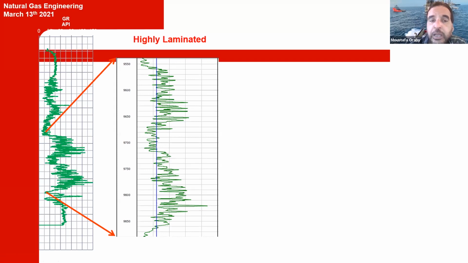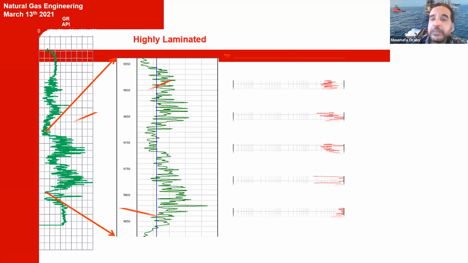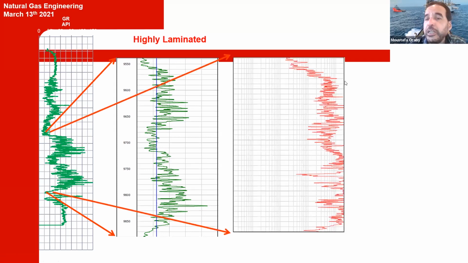If I take the same zone and look at the resistivity, clear lamina. Resistivity goes back and forth, back and forth, back and forth. That's what the lamina structure looks like on the logs. So the gamma ray shows lamination, resistivity shows lamination. Even the neutron density, which normally doesn't show lamination because of the resolution of the tools, also shows lamination.